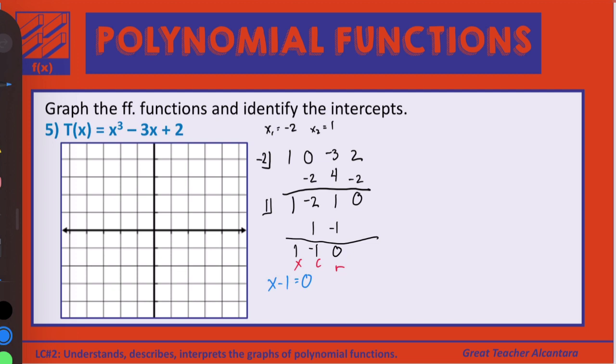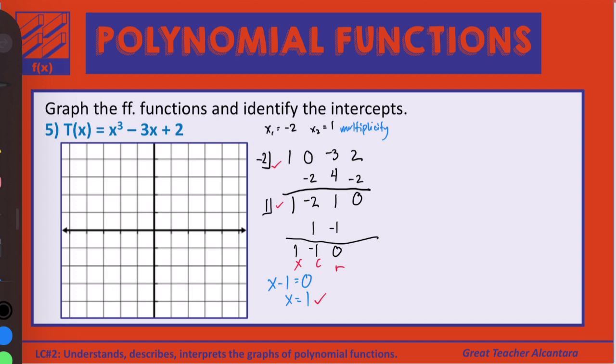Since you have that kind of situation, you can isolate the x variable. So you're going to have x is equal to 1. As you can notice, your roots are -2, 1, and another 1. So there is indeed a multiplicity of 2. So still you have actually 3 values for x. In a sense, there's 3 roots, but 1 is a multiplicity.